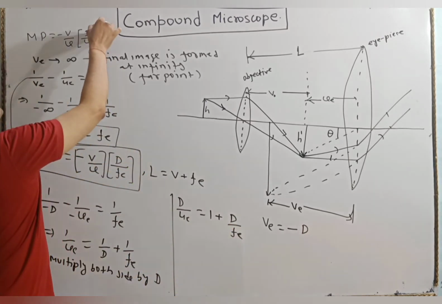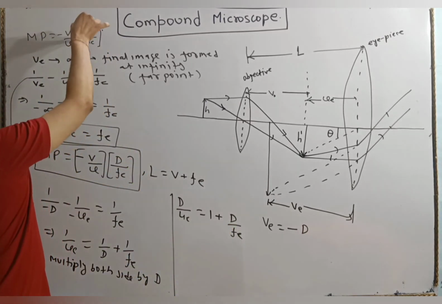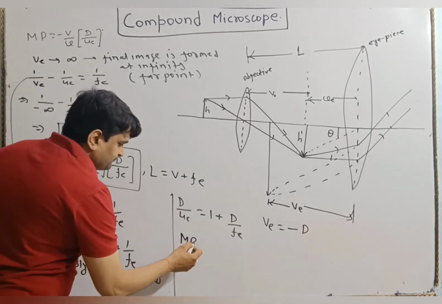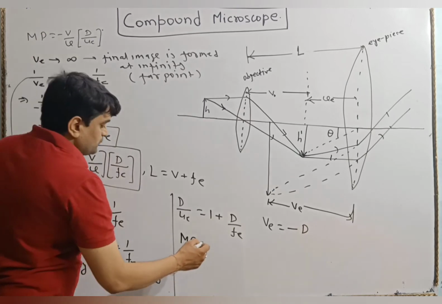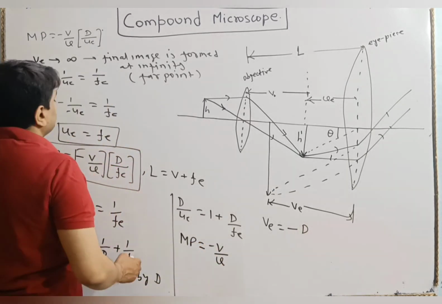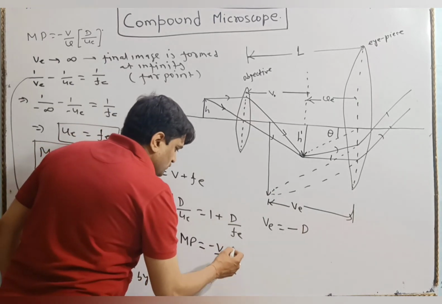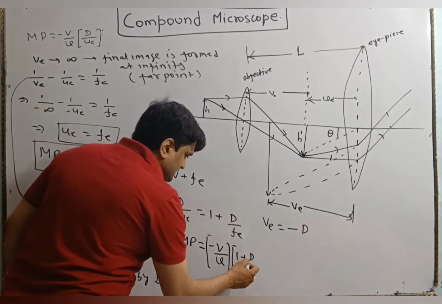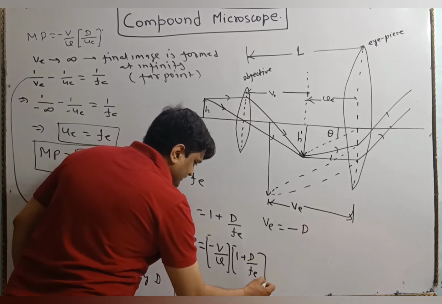And magnifying power is this, minus V upon U, D upon UE. So MP, magnifying power, will be minus V upon U into 1 plus D upon FE.